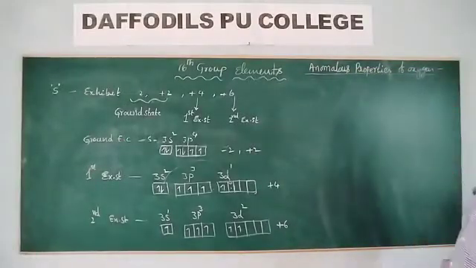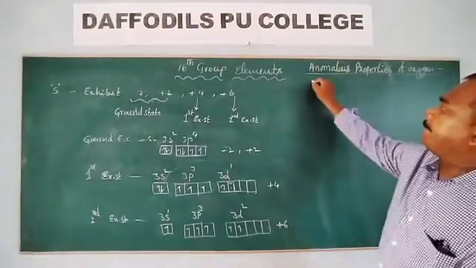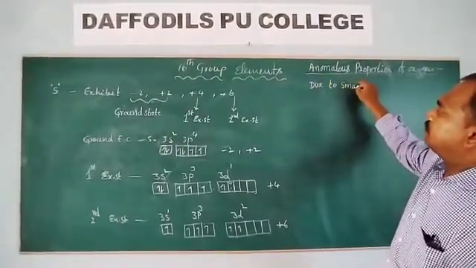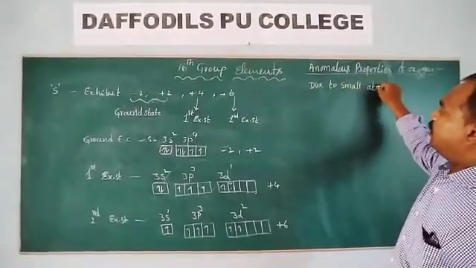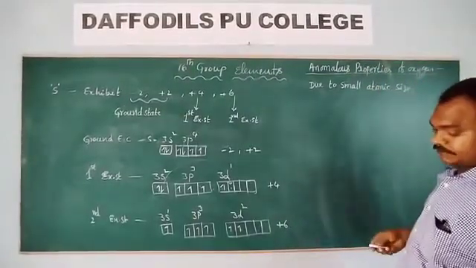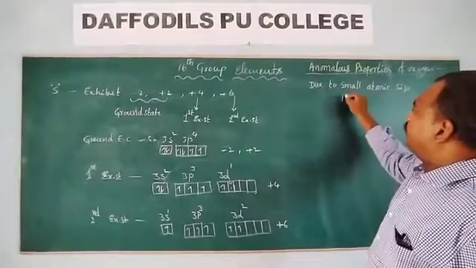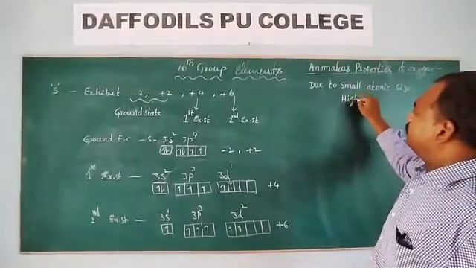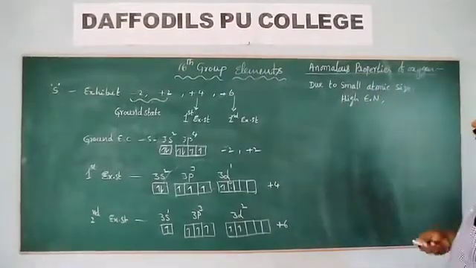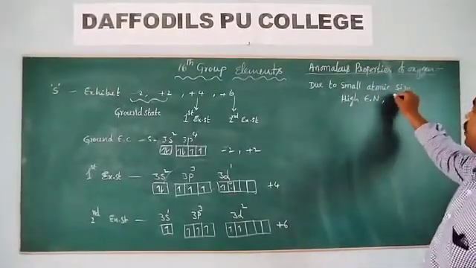Anomalous properties of oxygen are due to small atomic size, high electronegativity, and absence of d orbitals.